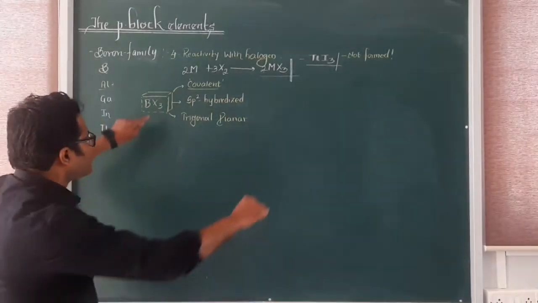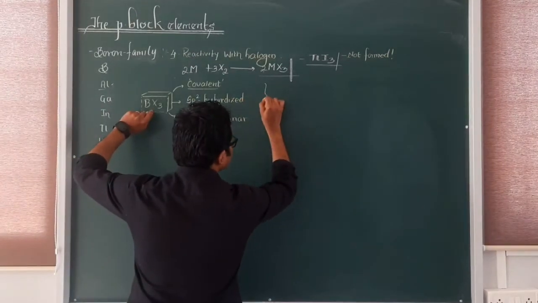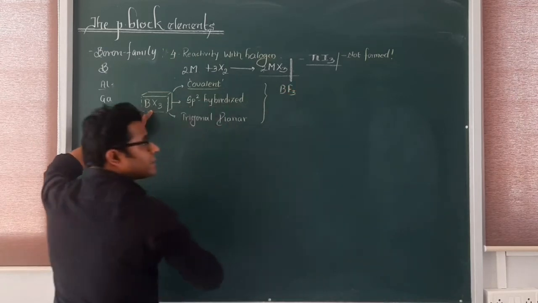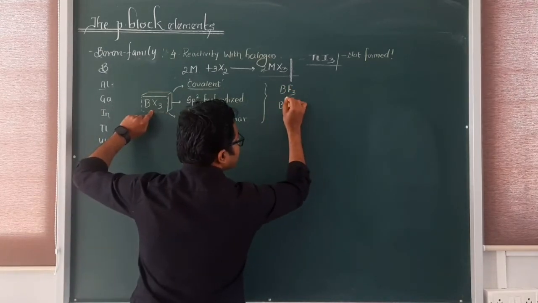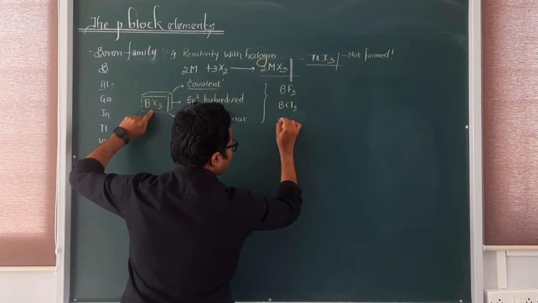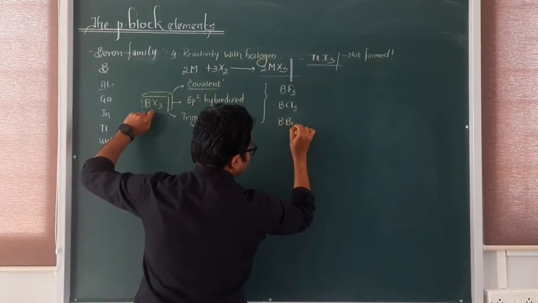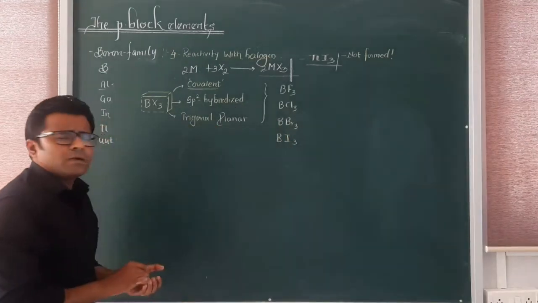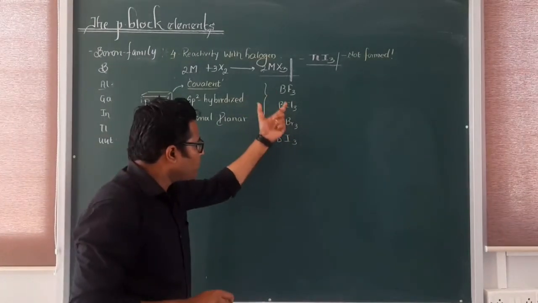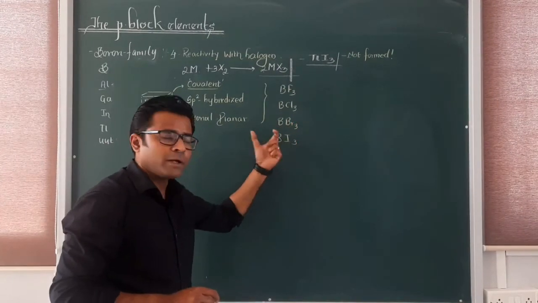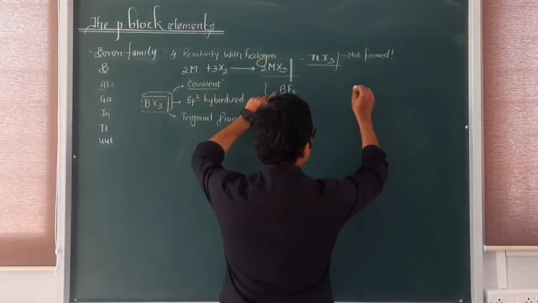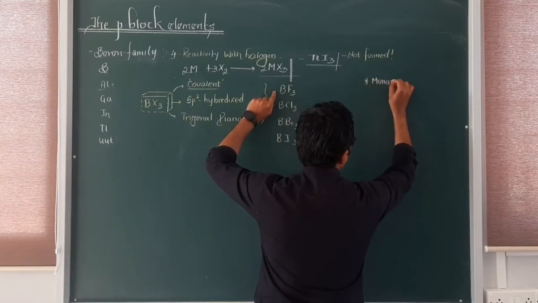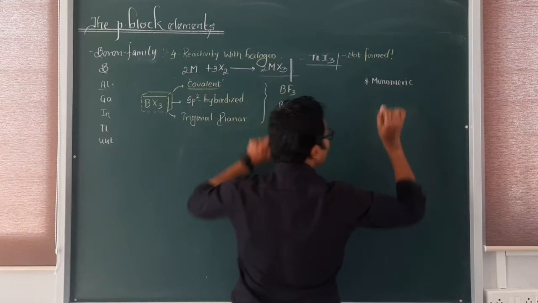If we observe the different halides such as BF3, BCl3, BBr3, BI3, that is boron fluoride, boron chloride, boron bromide, boron iodide, all of these are monomeric in nature.